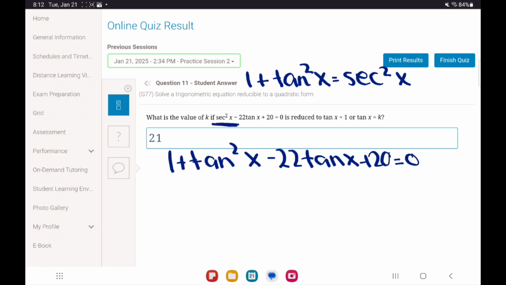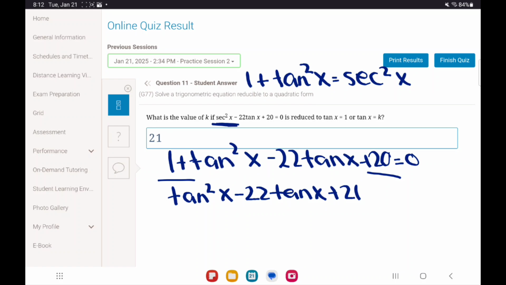We have two numbers we can add, so tan squared x minus 22 tan x plus 20 plus 1 is plus 21. So what numbers multiplied by each other give 21, and added together give negative 22?